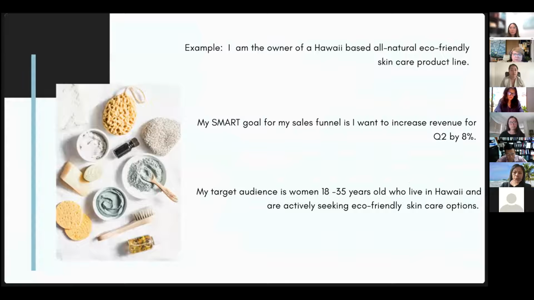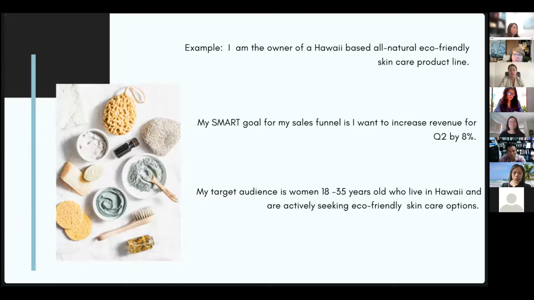It's measurable because I want to reach it by the end of Q2. And I've stated the KPI that I need to meet. And I've identified who my target audience is. My target audience is going to be women 18 to 35 years old who live in Hawaii and are actively seeking eco-friendly skincare options. So a very general overarching view of who our target audience would be.